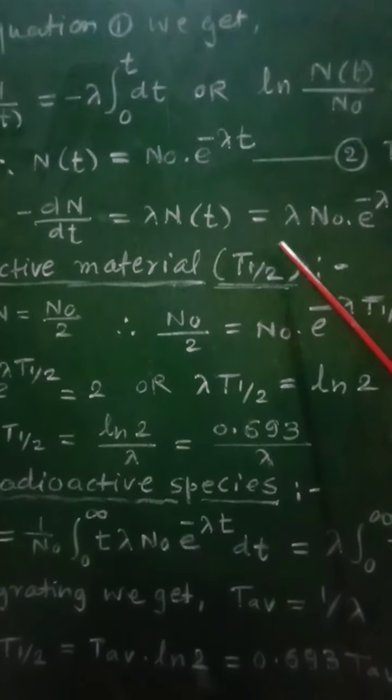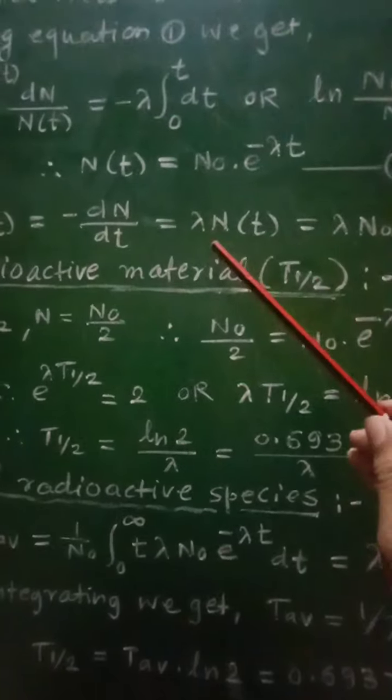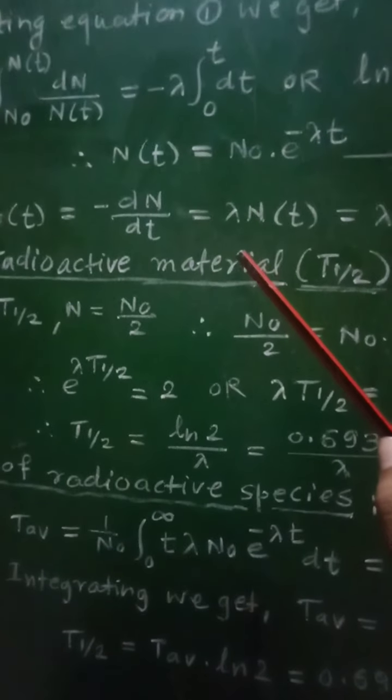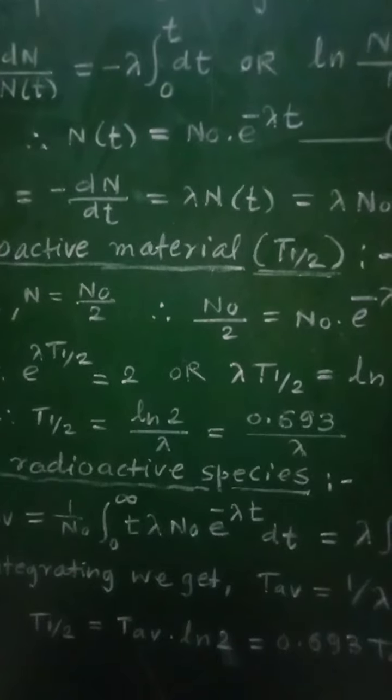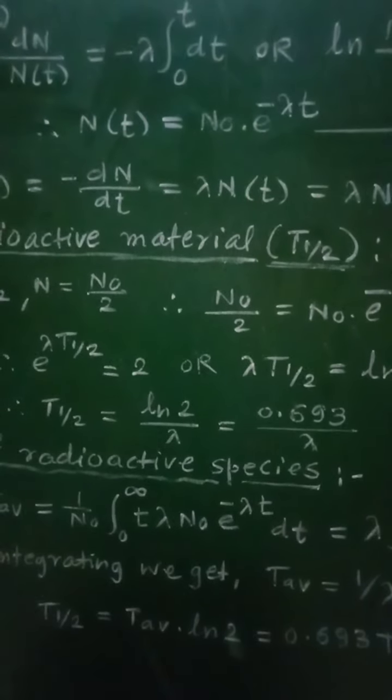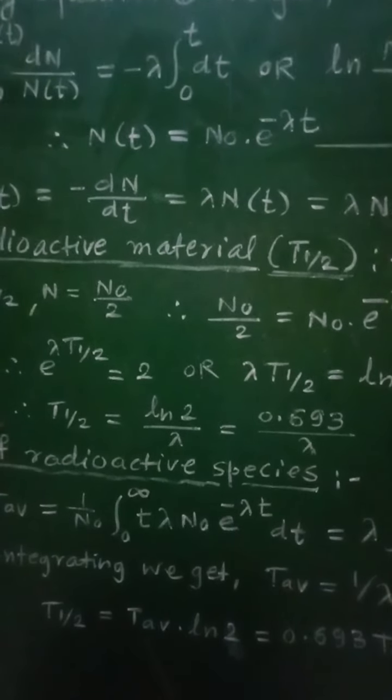The SI unit of this activity is becquerel, denoted by Bq. Becquerel is the SI unit of this activity, and 1 becquerel is equal to 1 decay per second.